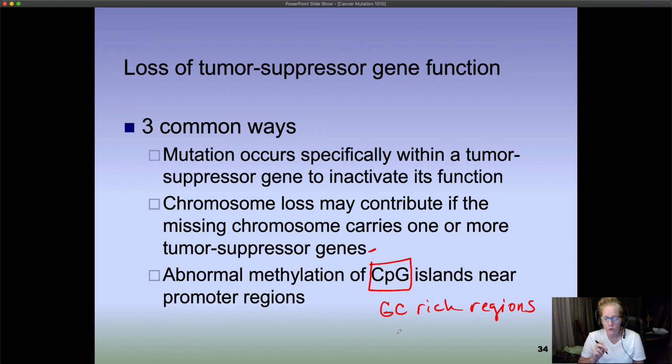And genes that are normally turned off will have really high CpG regions. If they're not methylated properly, then these regions can get turned on or off, depending on what's going on at that promoter. So abnormal methylation of those islands near the promoter regions can sometimes disrupt the transcription of tumor suppressor genes, and so they won't get transcribed. Because they get highly methylated, if there's a CpG island present there, it's like permanently turning off the gene.